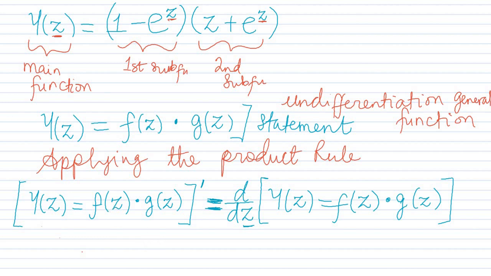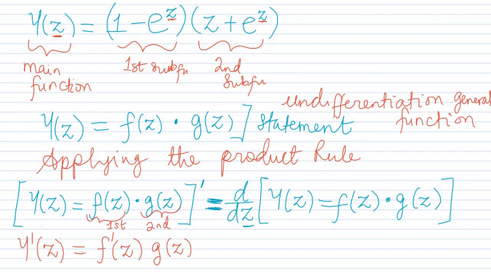So when we're deriving it, we have y prime of z, which indicates that we're going to first of all do the derivative of the first subfunction. So that's going to be f prime of z multiplied by the second subfunction that is not derived. So we have g of z. So here is the first subfunction and here is the second subfunction.